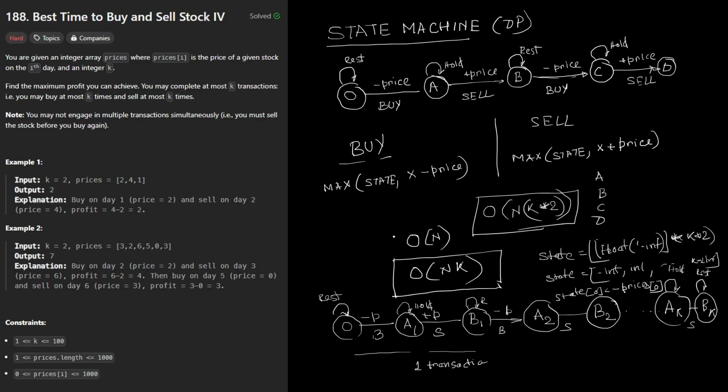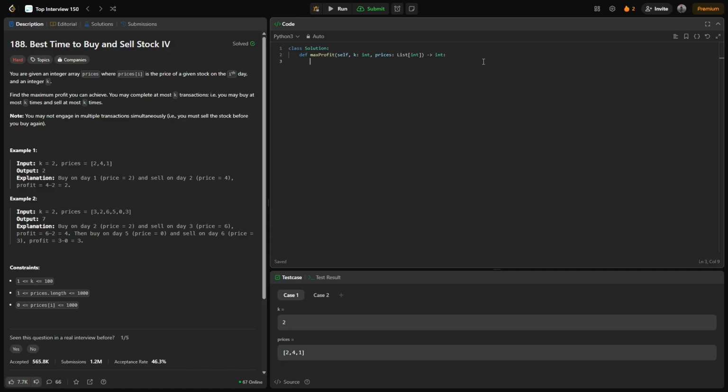Now let us jump to the Python solution to understand how we can write this code. It would be a straightforward solution. The first thing we need to do is check if not prices, then we can return 0.